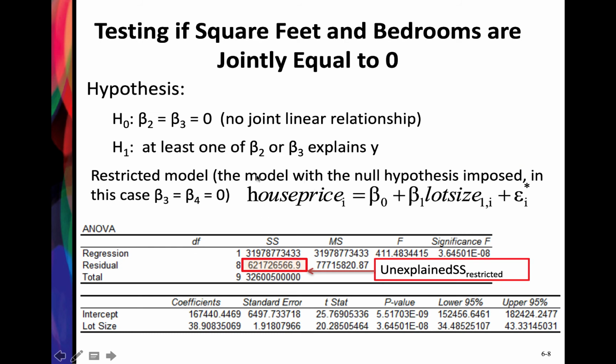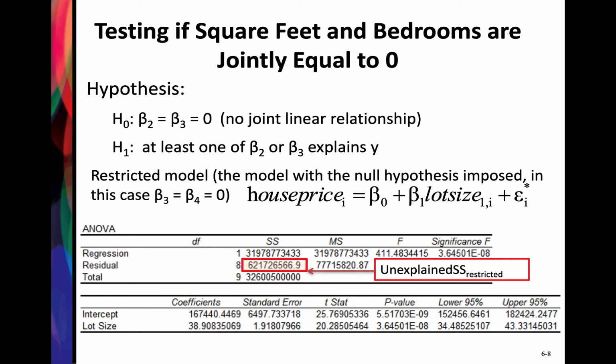And then this is our restricted model. In our restricted model, we still have housing price as our dependent variable. And then lot size is the only thing that remains because, again, we impose the null hypothesis to get this restricted model. So this is our unexplained sum of squared for our restricted model, this number right here. And then we can see that Q equals 2 because there are 2 equal signs in our null hypothesis.